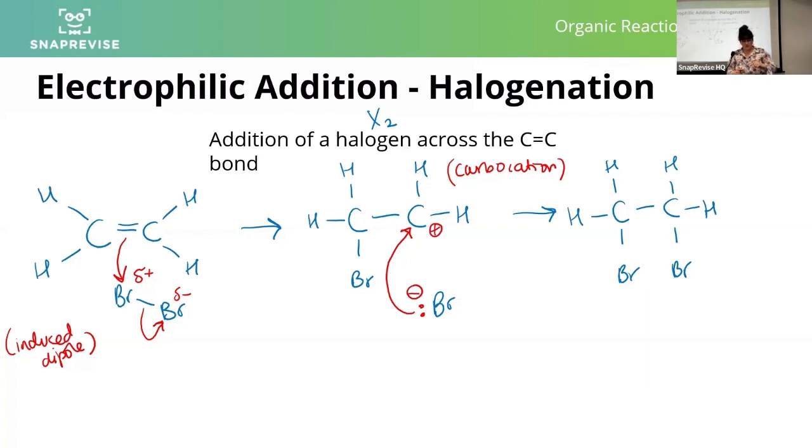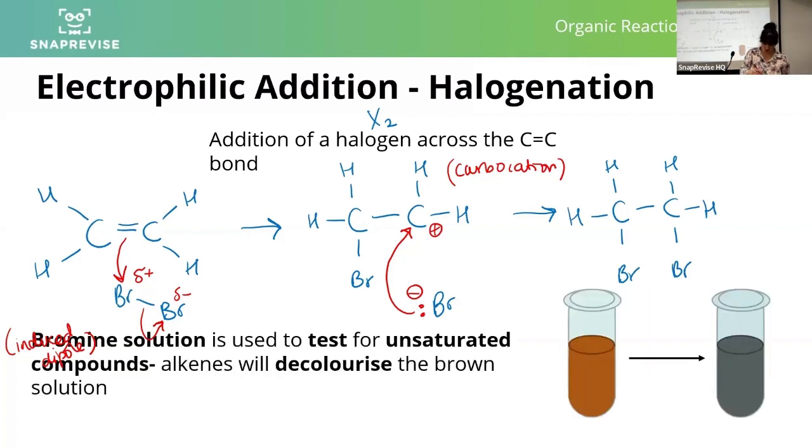How can I test for the present, oh, sorry, let me rephrase that. This reaction is how we test for alkenes. Sorry, I have written my induced dipole. So bromine solution is used to test for unsaturated compounds, i.e. alkenes, because alkenes decolorize the brown solution.